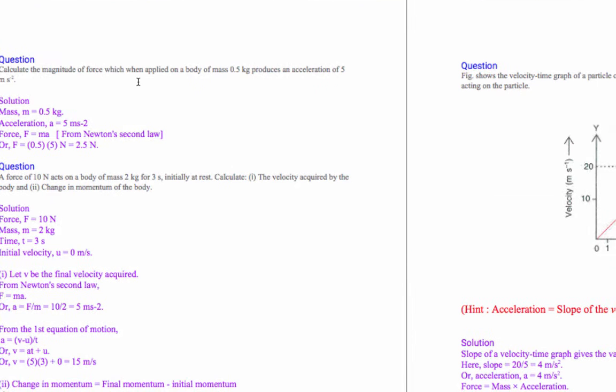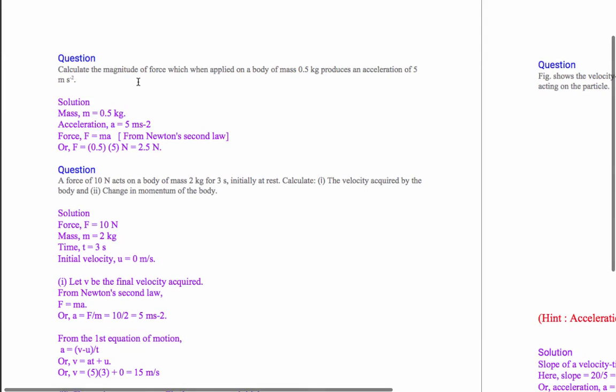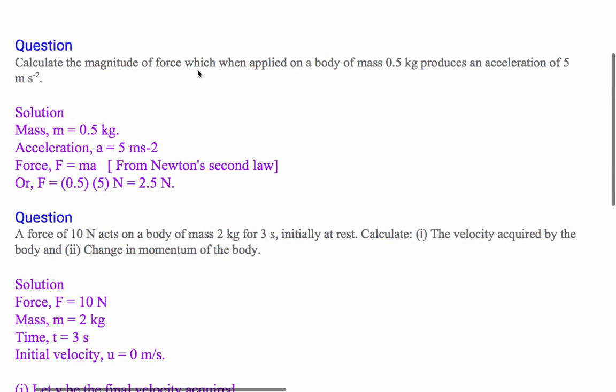Now let's see the next one. Calculate the magnitude of force which when applied on a body of mass 0.5 kg produces an acceleration of 5 meter per second square. So we have to find out force. Mass is given as 0.5 kg, and acceleration produced is also given as 5 meter per second square.